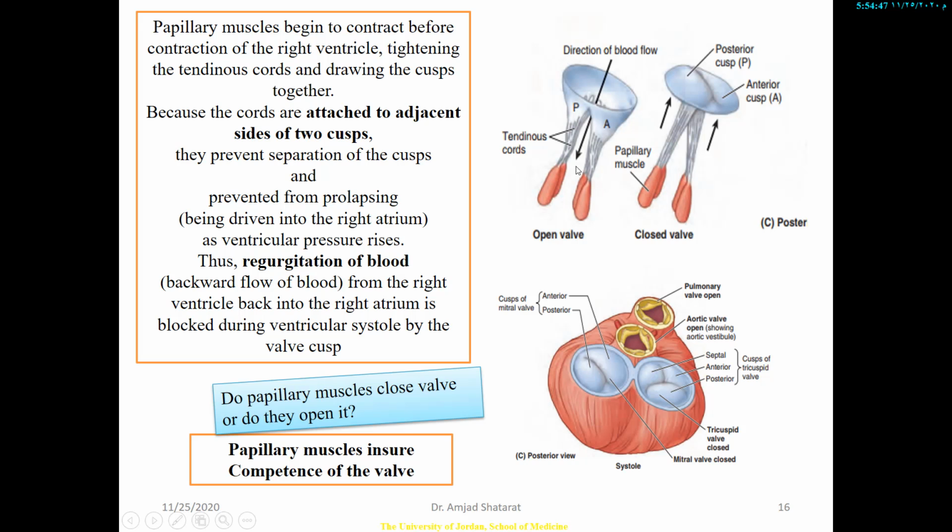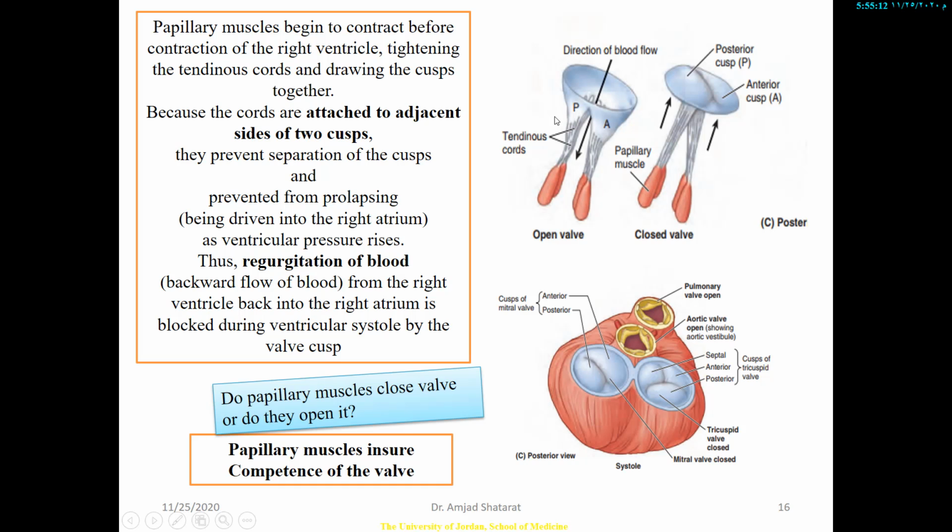This is not true. The pressure gradient opens the atrioventricular valve when the blood is pumped from the right atrium towards the right ventricle. It is the pressure that opens the cusps, because they are designed to open inside the cavity of the right ventricle.